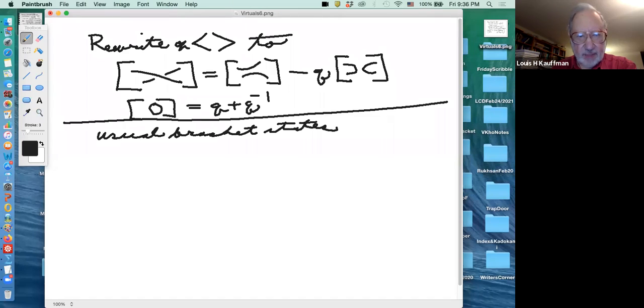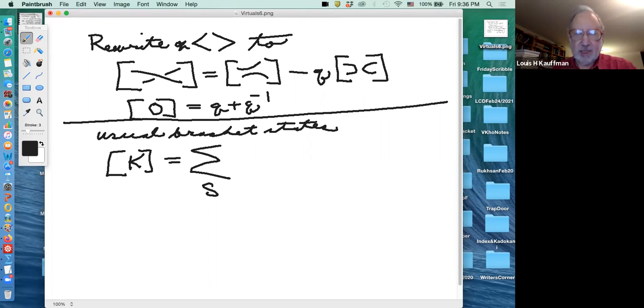Then we can say that the bracket of a knot K is going to be equal to the sum over those states, the usual smoothing states, of (-1) to the number of B smoothings in the state S, where this is an A smoothing, and this is a B smoothing.